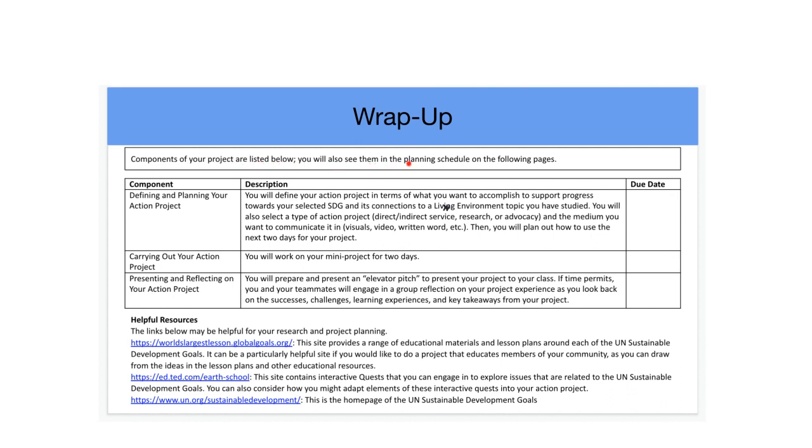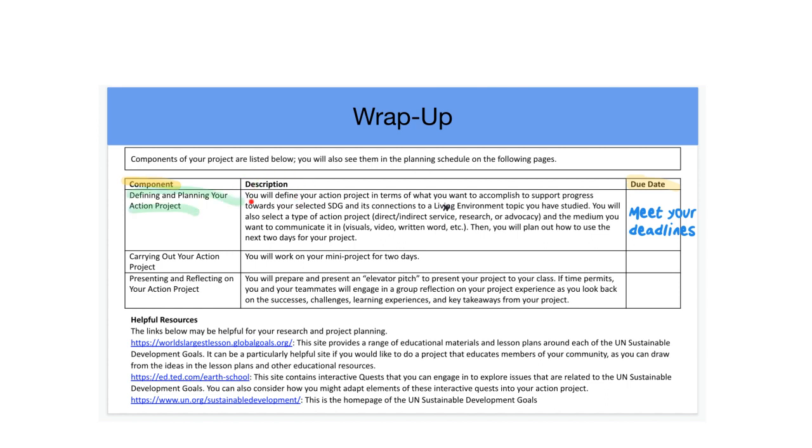The components of your project are listed below. You will also see them in the planning schedule on the following pages. Remember that to be able to complete a project by a deadline, it's very important that you keep a due date in sight and you are really on top of what component of the project you will need to finish by that deadline. For instance, component defining and planning your action project.